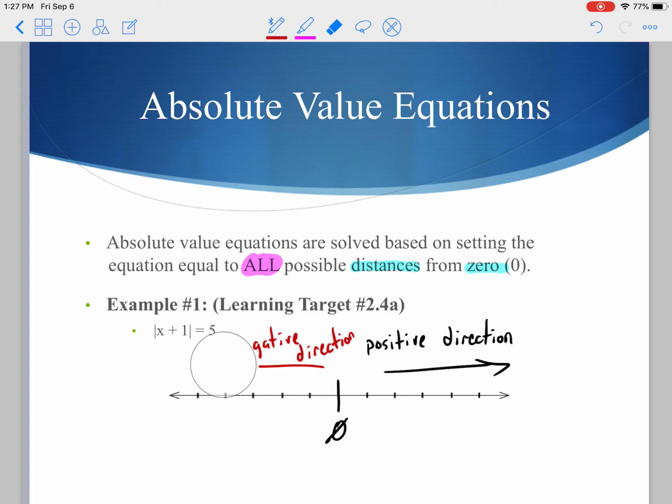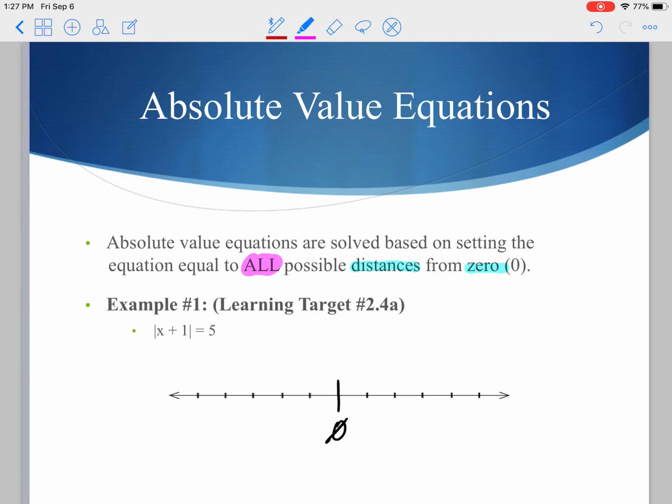And when we look at example number 1 specifically, we are told that an expression, the absolute value of x plus 1, and again, if I think of it in terms of the distance from 0 of, in this case, x plus 1, is, we're told, 5 units from 0.